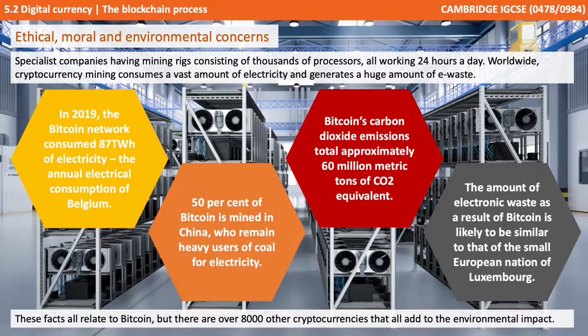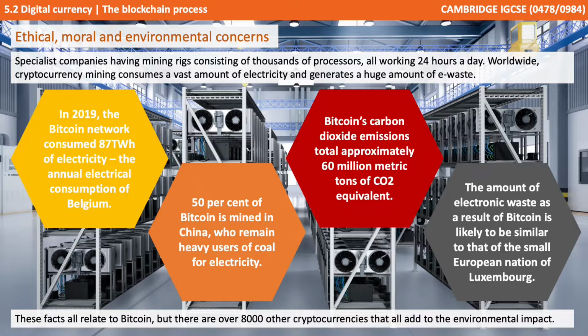In 2019, the Bitcoin network consumed 87 terawatt-hours of electricity. That's the same as the annual electrical consumption of Belgium. 50% of Bitcoin is currently mined in China, and the country is still a heavy user of coal for electricity. Bitcoin's total carbon dioxide emissions were therefore around 60 million metric tons of CO2 equivalent.